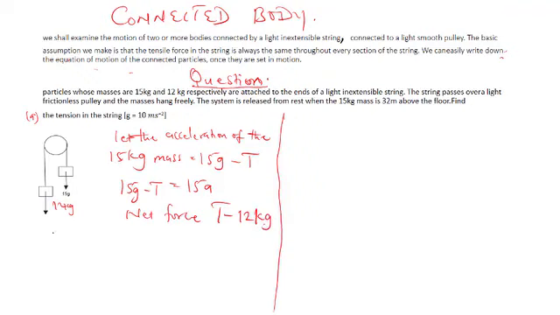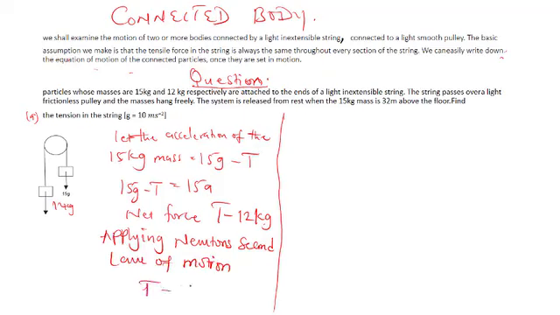Applying Newton's second law of motion, we now have T minus 12g equal to 12a. Adding the two equations, 3g is equal to 27a.